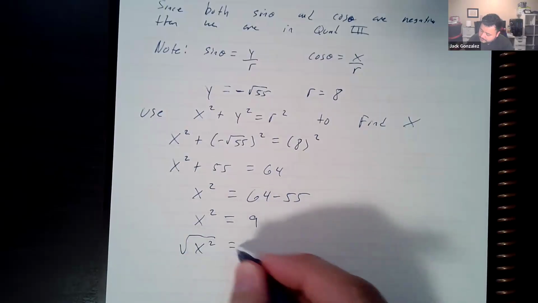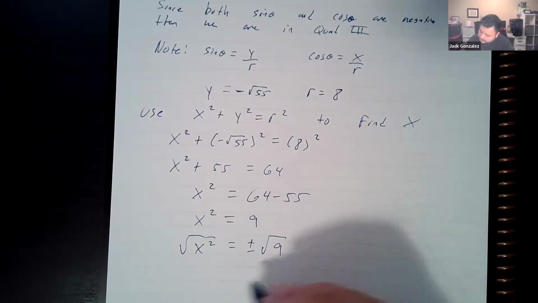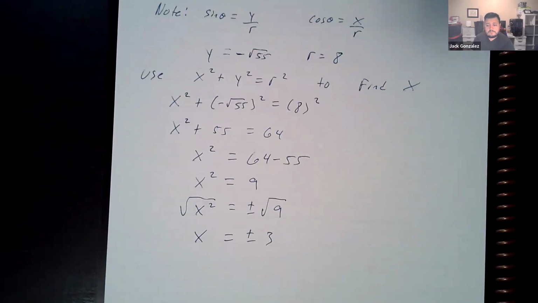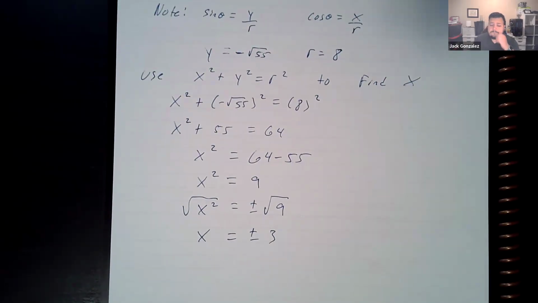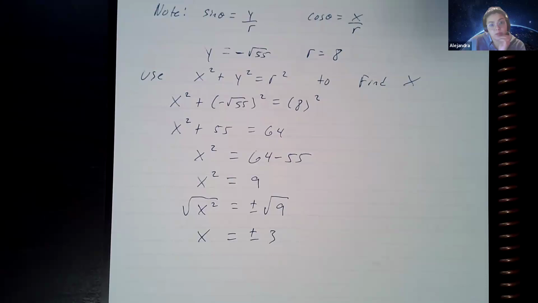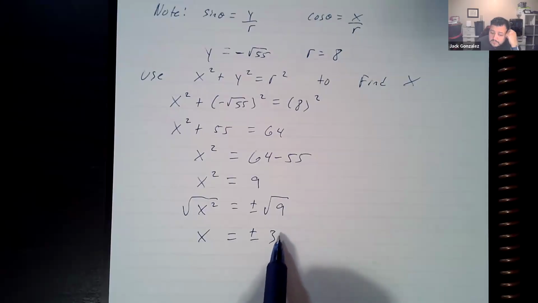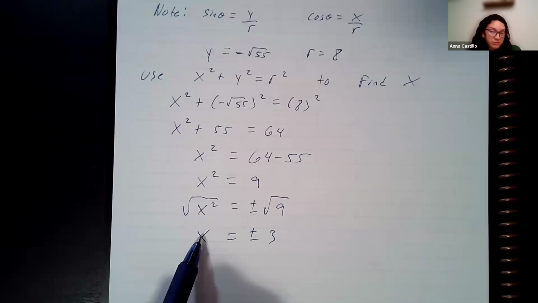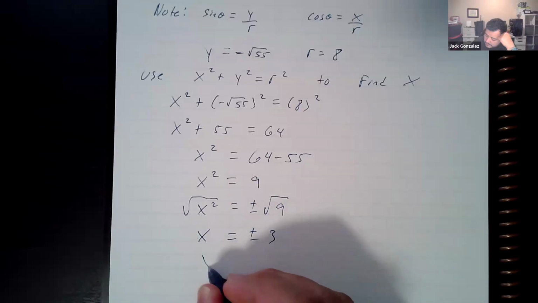Now remember, anytime you square root both sides, you technically have a plus or minus. So which one do I choose for x? I didn't show the plus or minus last time because it didn't matter. But now that we're talking about different quadrants, we have to know when x is negative or positive. Is x positive in quadrant 3? Negative. Yeah, so we got to use this one.